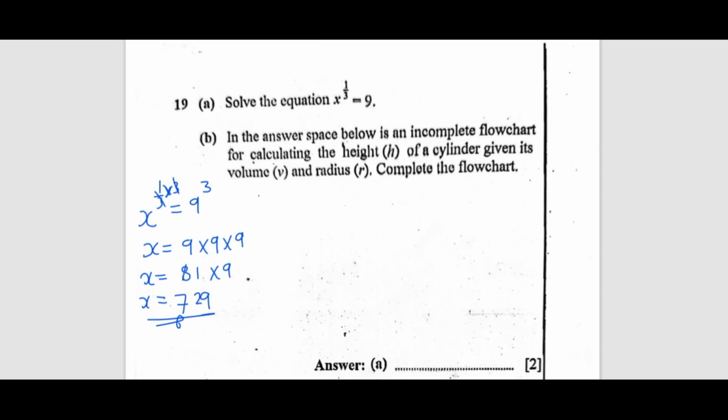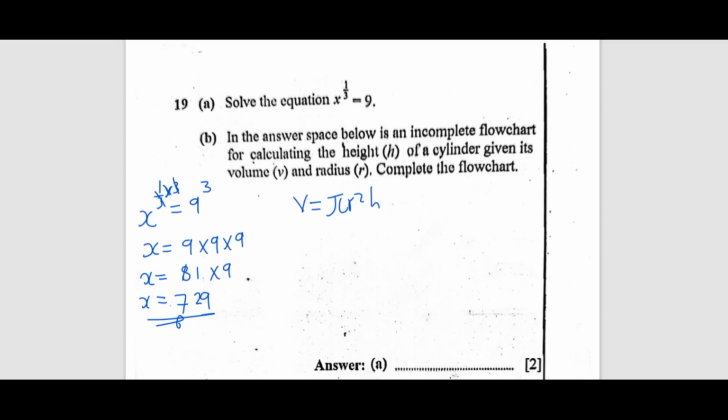Then in the space below is an incomplete flowchart for calculating the height of a cylinder given its volume V and the radius R. Complete. The formula for volume of a cylinder is equal to pi r squared h.